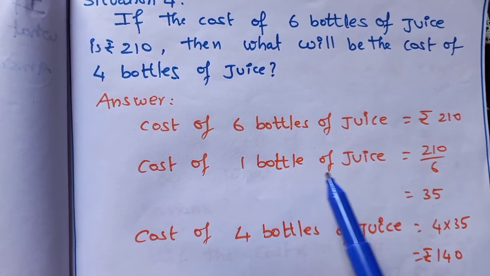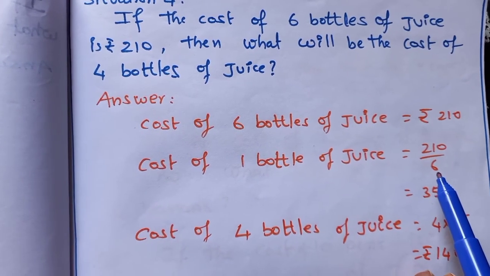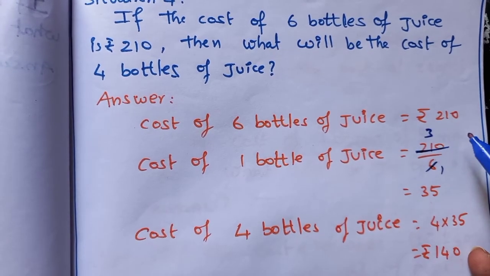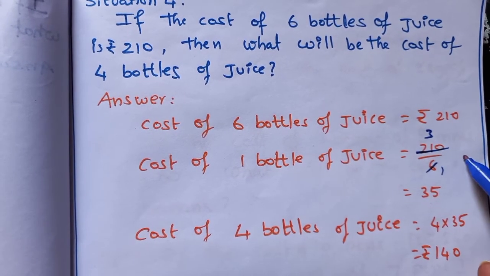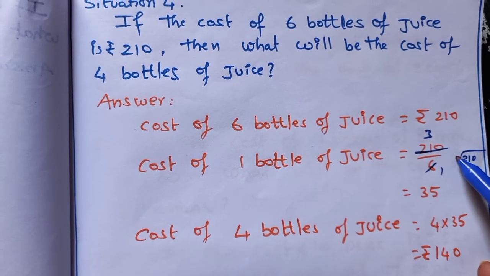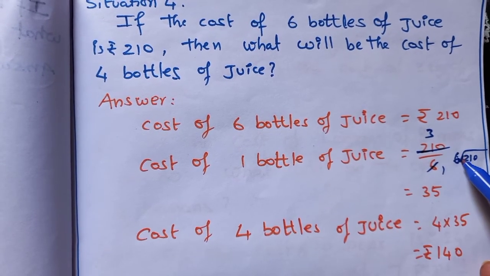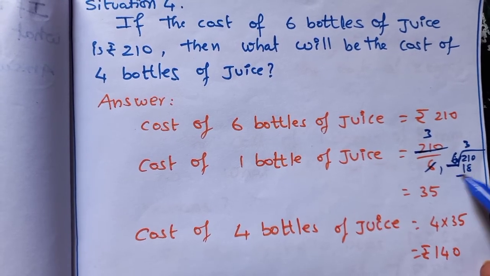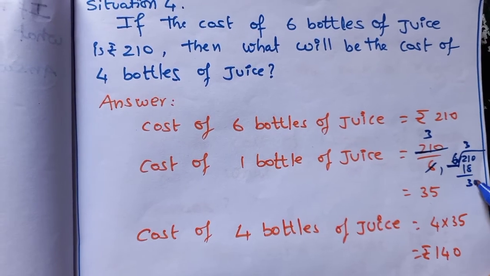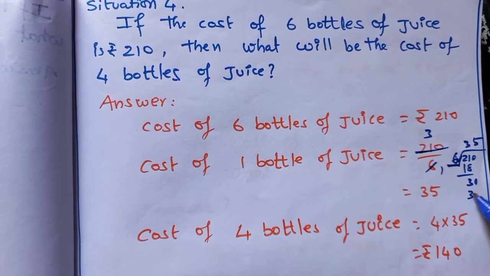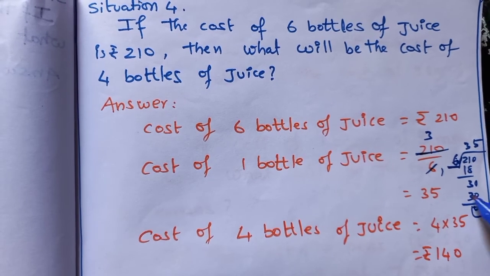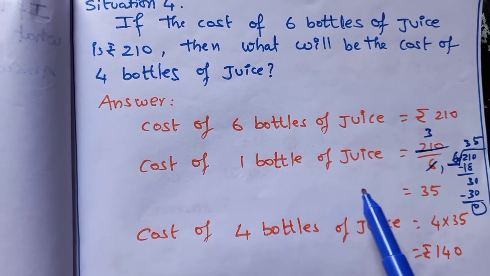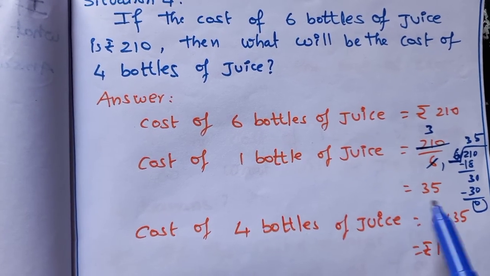The cost of 1 bottle is 210 by 6. 6 3s are 18, and 3 is the remainder. 6 5s are 30, remainder 0. Therefore 35. The cost of 1 bottle of juice equals 35.